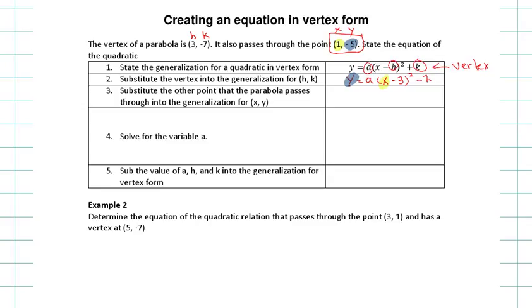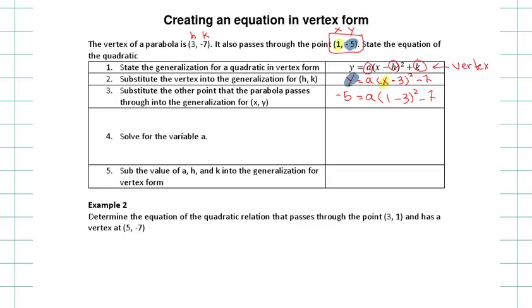Would it be 1 or -5? x is 1. The -5 is replacing the y, because a point is (x, y). So it has to be -5. So far, I have replaced everything except for a. So I'm solving for a.